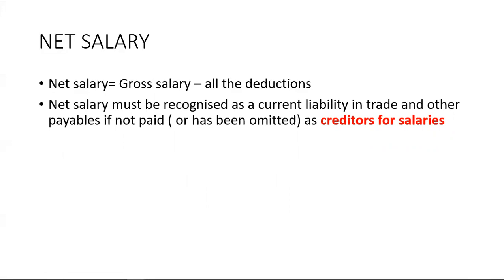And when you record it in trade and other payables, you will record it as creditors for salaries. Remember, gross salary is an expense. It goes to the statement of profit or loss. Net salary is a liability. It goes to trade and other payables as creditors for salaries.